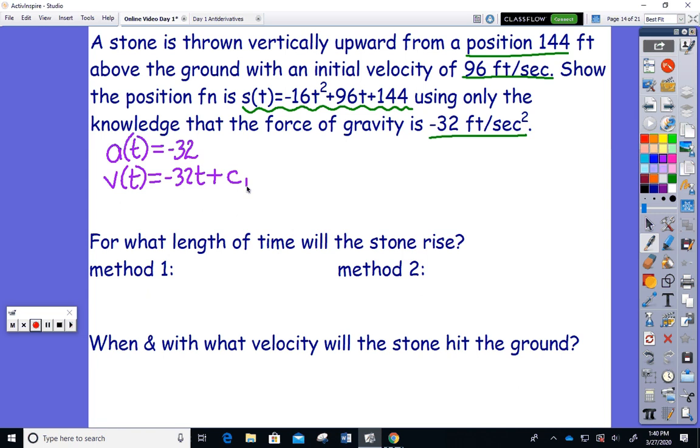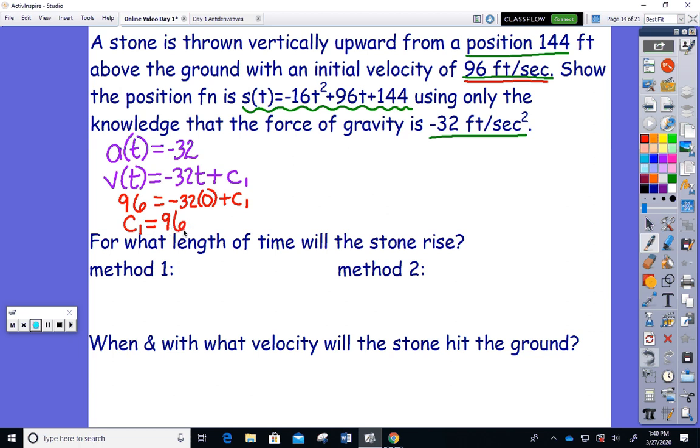And I notice that I can plug in at time 0 because it's initial time. So right when the problem starts, I notice that my velocity is 96 feet per second. That gives me that C sub 1 is 96.